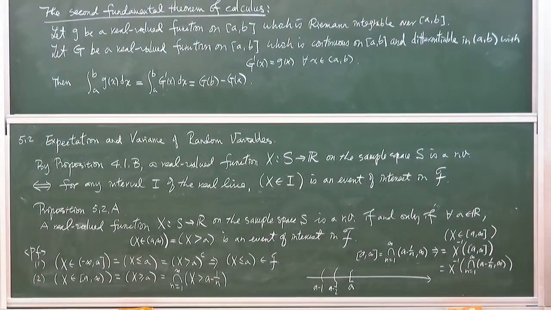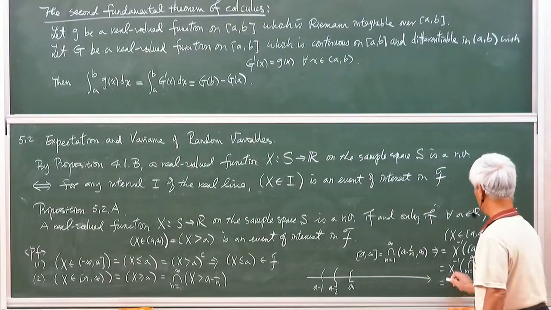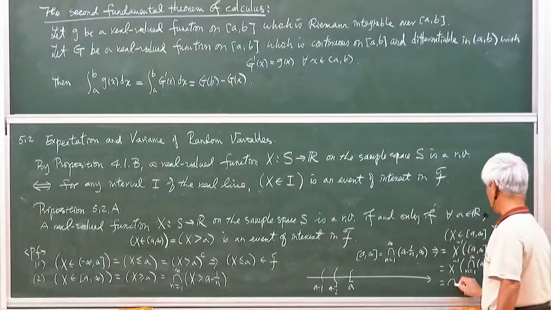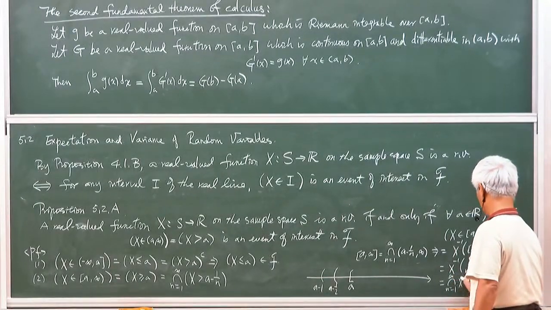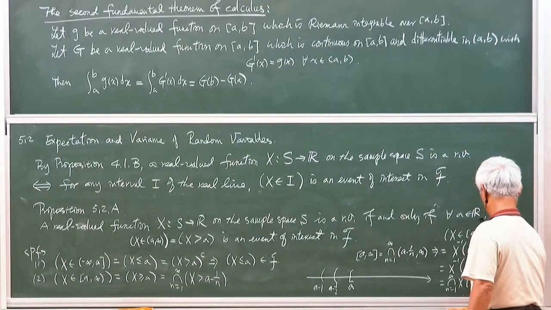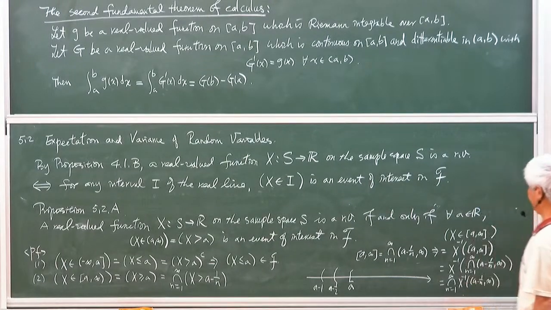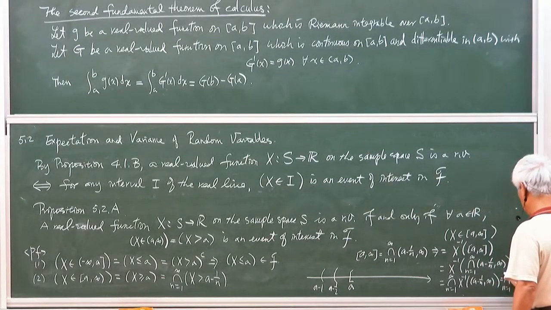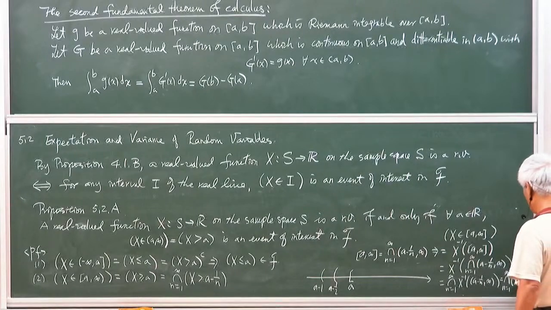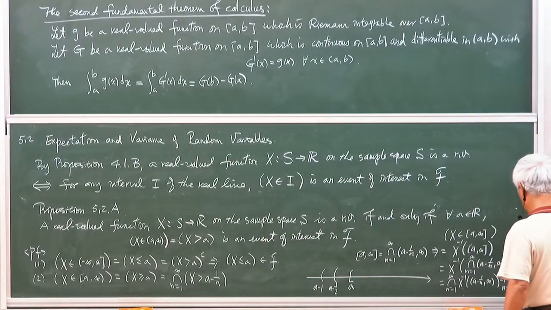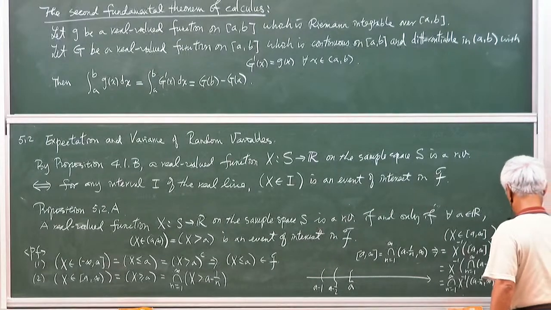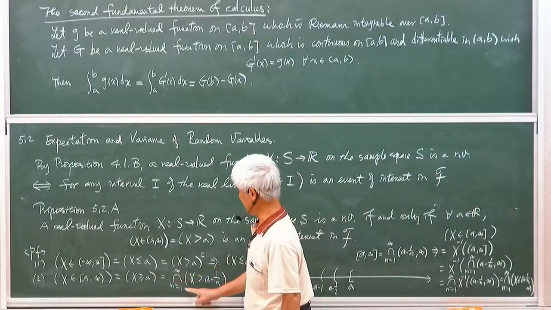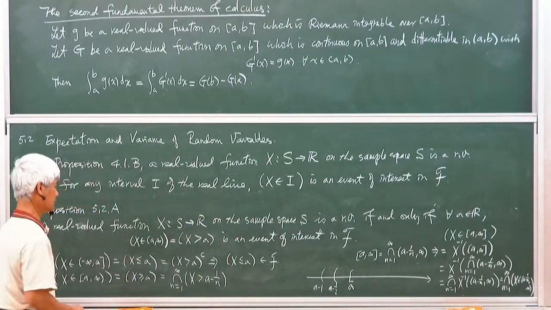Now, by Proposition 4.1.a, the inverse mapping and the set operation are commutable. So this is the intersection, and this inverse mapping is described in this way. That's why I write it down here directly.